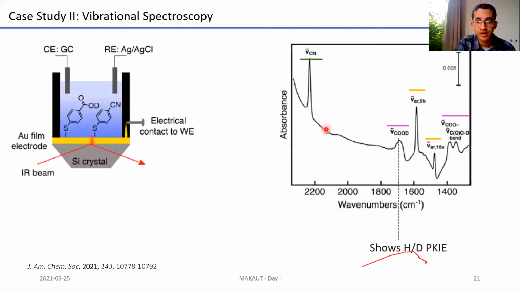So this is the sort of IR spectra that these authors were able to collect in this report. So you see, this is the stretching frequency for the CN. So again, this is a probe that the CN functionality is present. These are CO stretching frequencies for the COOD, the ones that are marked in purple.